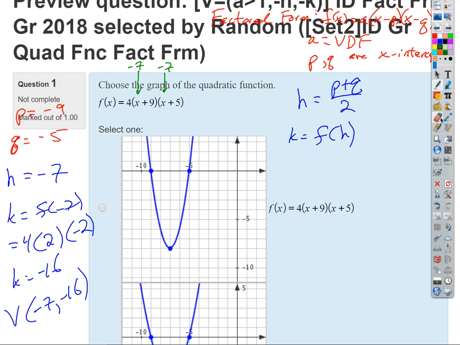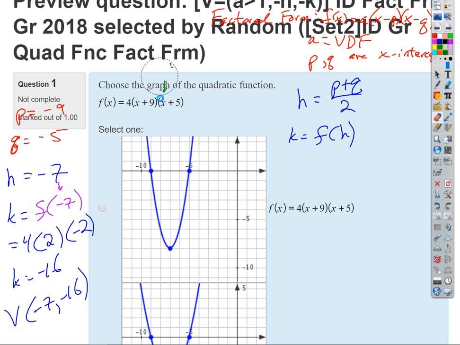So K is equal to F of -7, because that's H, okay? And so when I plug -7 in there, I'm gonna get a 2. When I plug -7 in there, I'm gonna get a -2, right? So I get 4 times 2 times -2 is -16, okay?